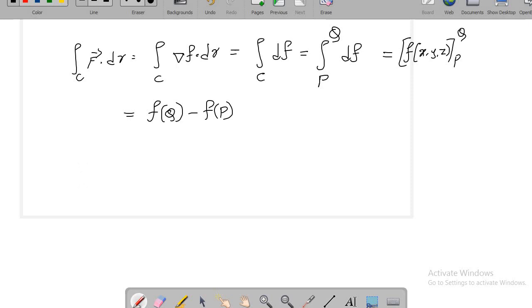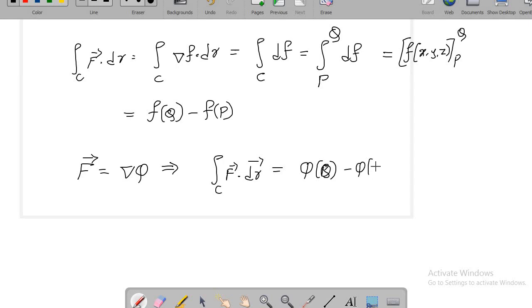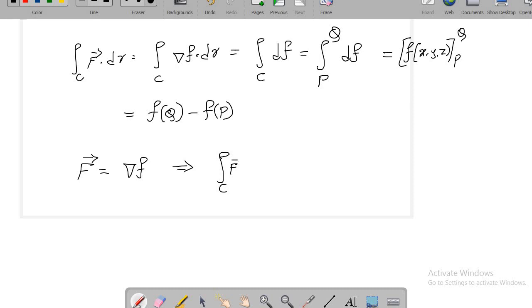It means you can directly say that when f bar is given by grad phi, then the integral along C, f bar dot dr is nothing but phi of Q minus phi of P. To avoid confusion, let me write f only. Grad f, this implies f of Q minus f of P.